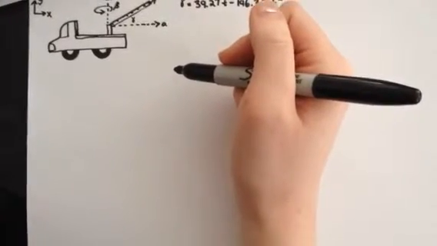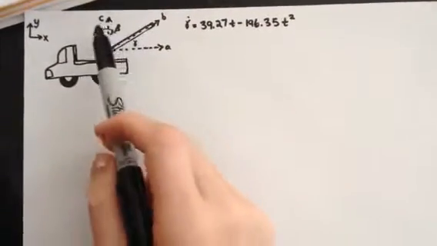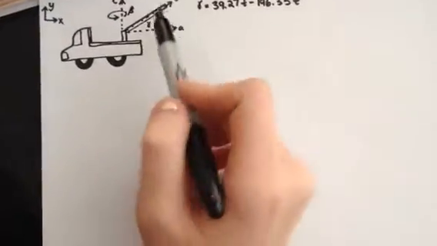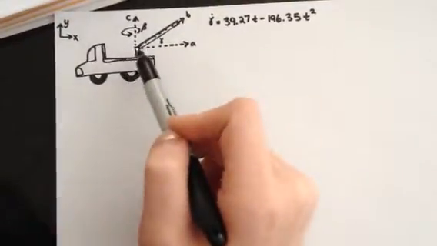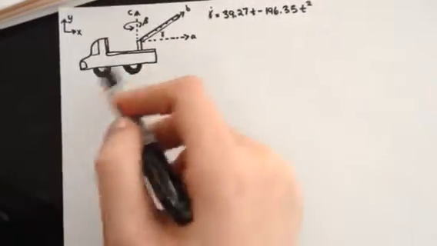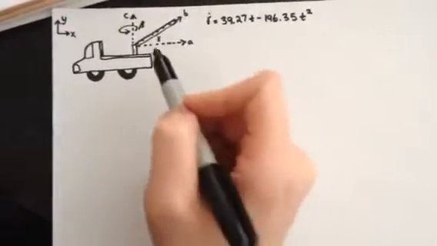But if you're just asked to convert from one coordinate system to another, you can just focus in. Obviously the problem was asking about this area of the pickup truck, this arm.